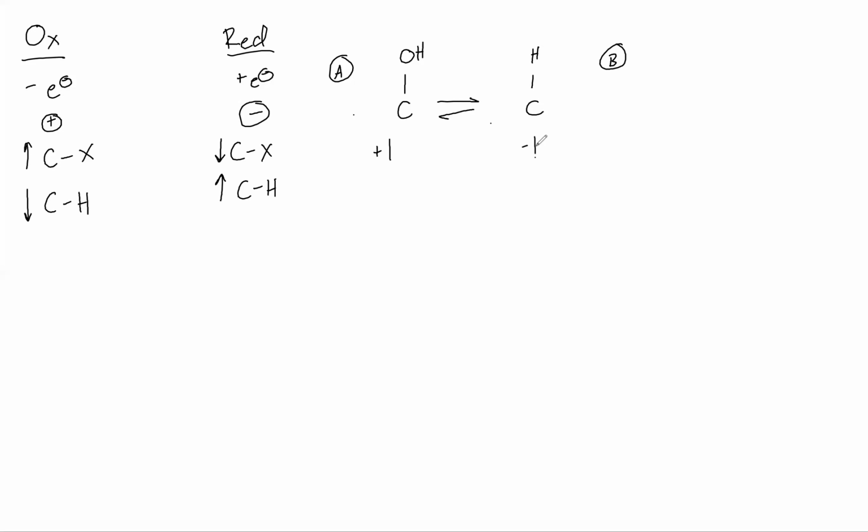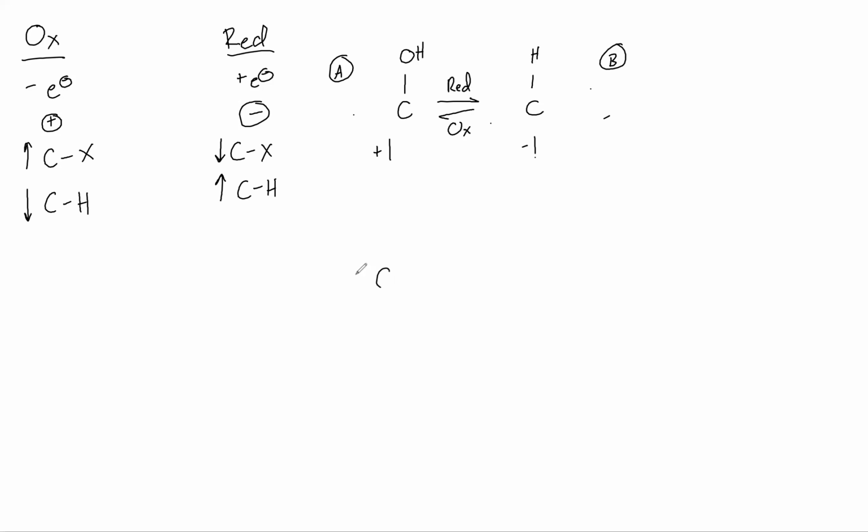This +1, -1, those are our oxidation states. If you become more positive, like going from -1 to +1, that's oxidation. If I go more negative, from +1 to -1, that's reduction. We're reducing the charge, okay? So that is how the oxidation and reduction definitions from Gen Chem feed into organic chemistry, which feed into oxidation states in this class.